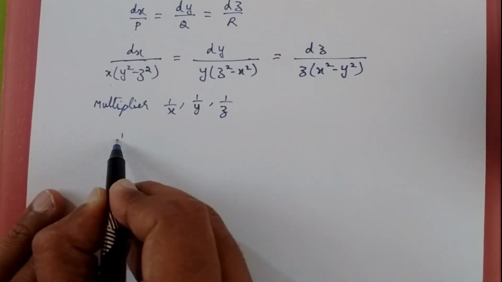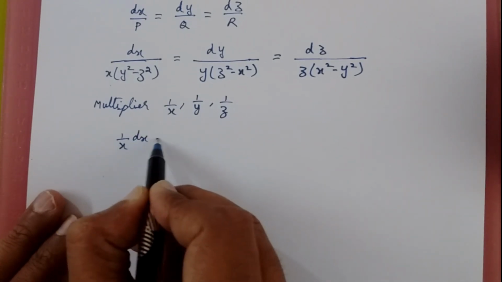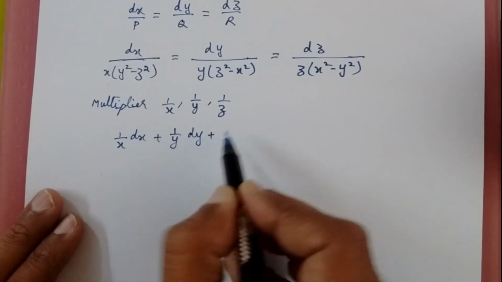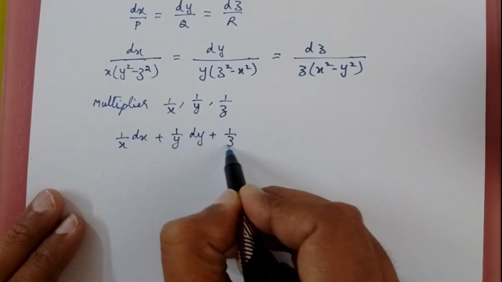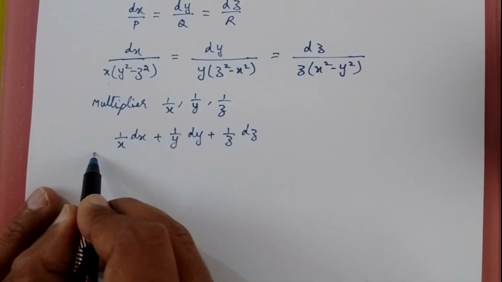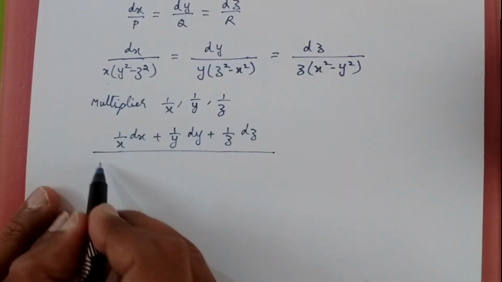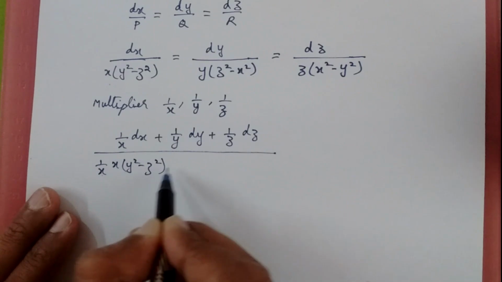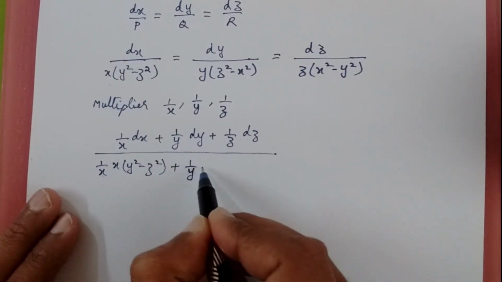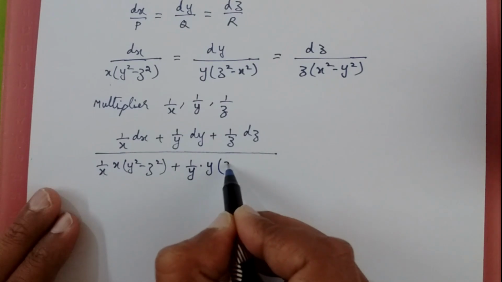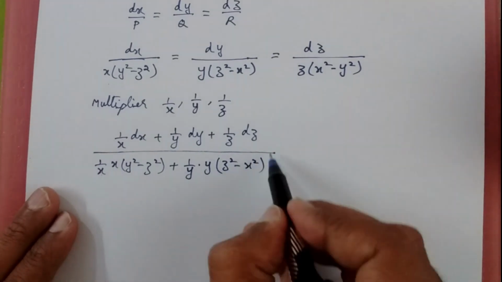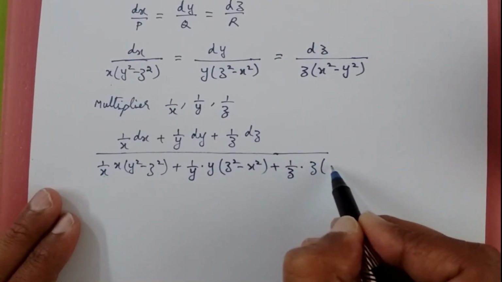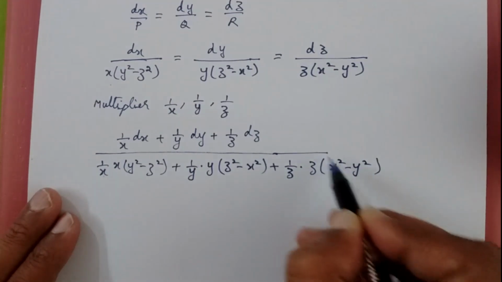So now let us see. The multiplier I am using is 1 by x for the first term, into dx. For the second term I use the multiplier 1 by y, so 1 by y into dy. For the third term the multiplier 1 by z into dz. It's whole divided by 1 by x times x into y square minus z square, plus 1 by y times y into z square minus x square, plus 1 by z times z into x square minus y square.